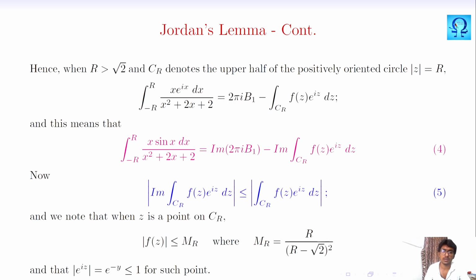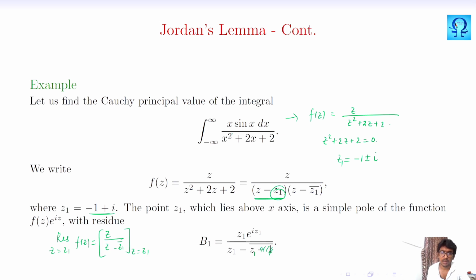Now along with this we multiply e to the power iz, because we need only sin x, which means we have cosine x plus i sin x. Even if you take it this way, this is going to be the singular point, and you substitute this point at all the z places.